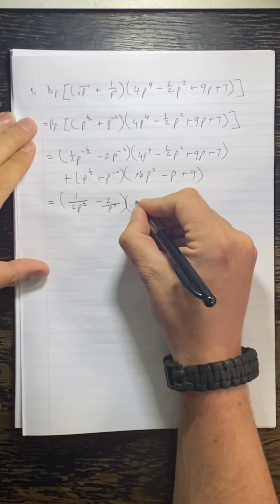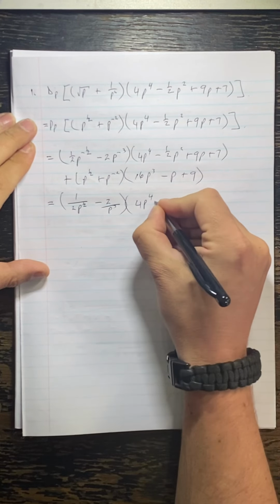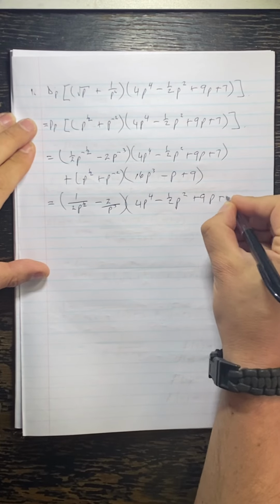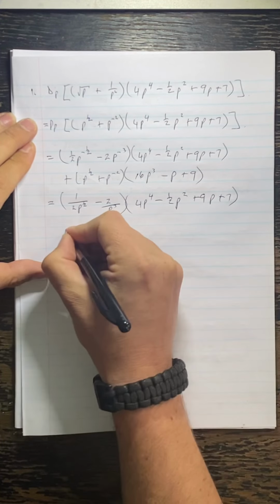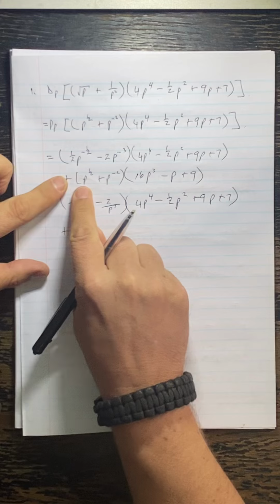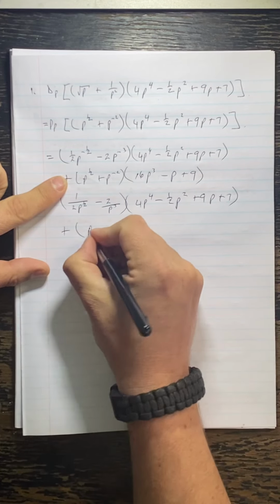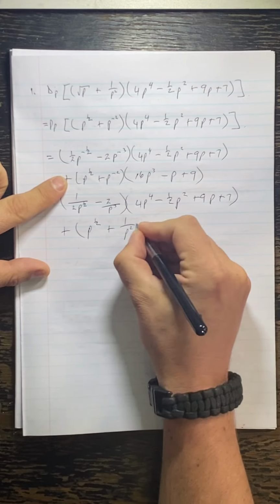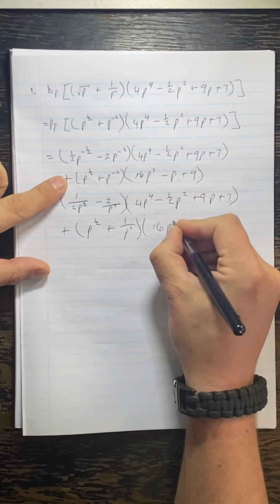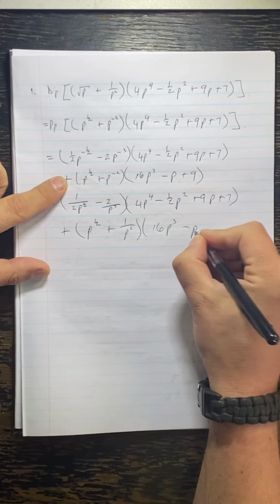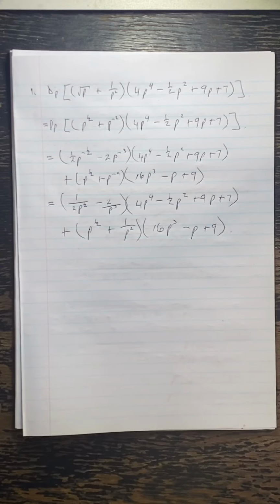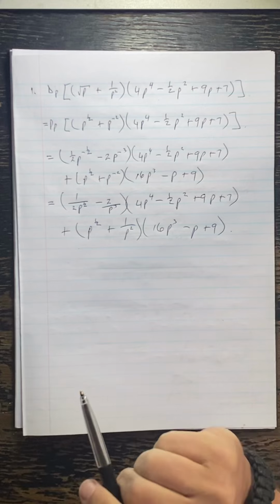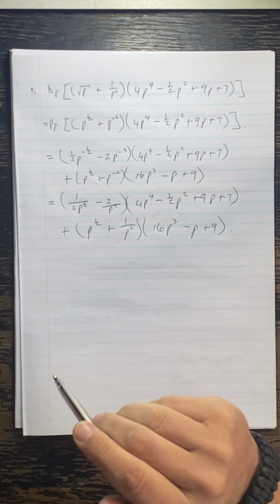This will stay the same. Plus, and now I must just deal with that one over there. And there's our derivative. Again, we don't have to simplify it, just make sure that there are positive exponents.